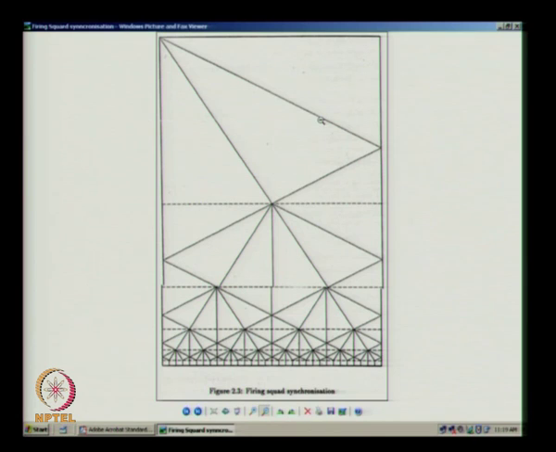This one propagates one cell at a time, while this propagates one cell in 3 units of time, so it is 3 times slower than this. And when this signal reaches the last person, it is reflected.